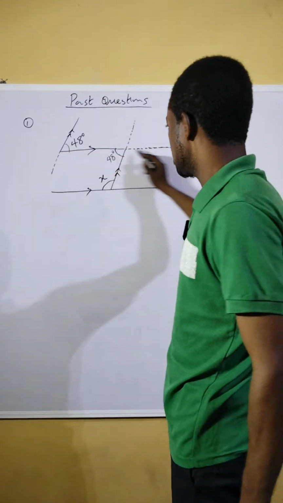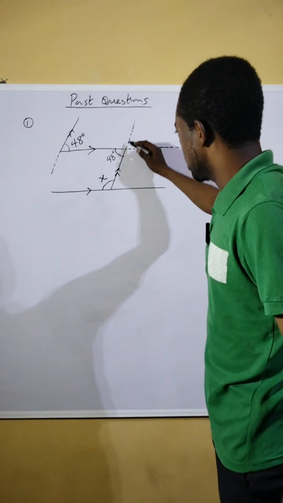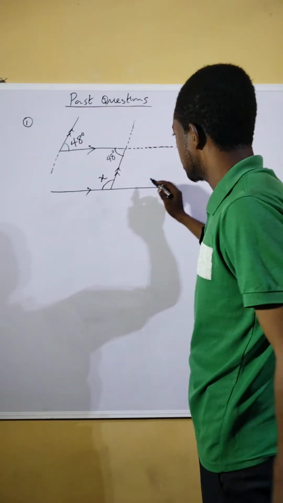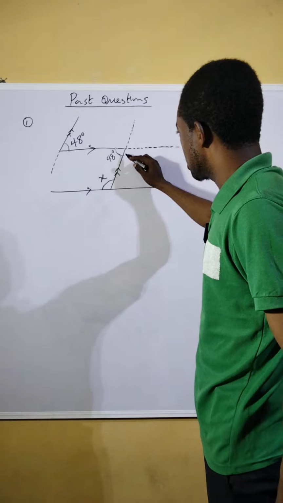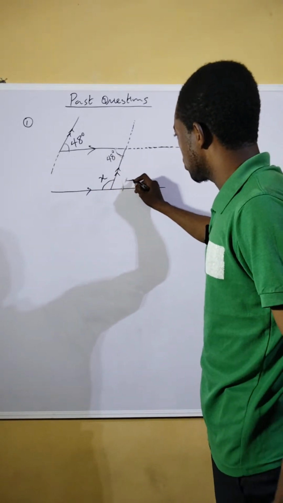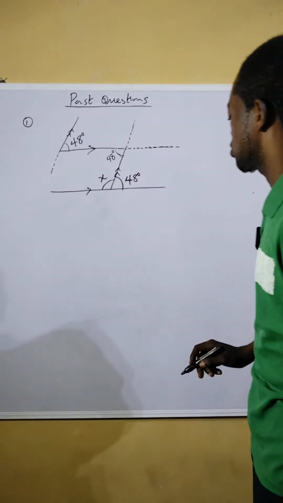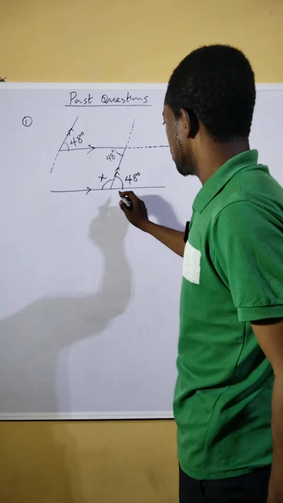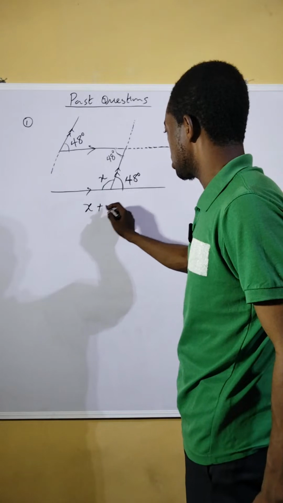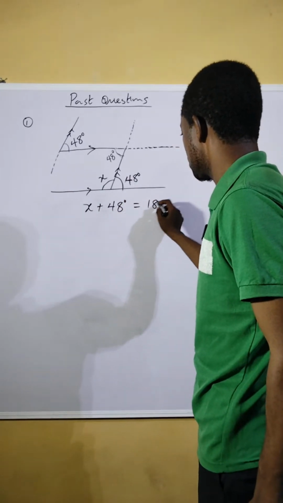Also here, we look at these two lines here parallel. And also this line here now is like a transversal across these two parallel lines. That means 48 degrees here. Also this angle also should be 48 degrees. Also alternate angles. And here now we have x and 48 lies on a straight line. So the sum of that will give us 180 degrees.